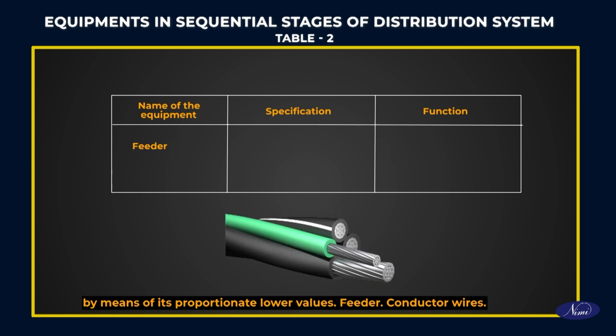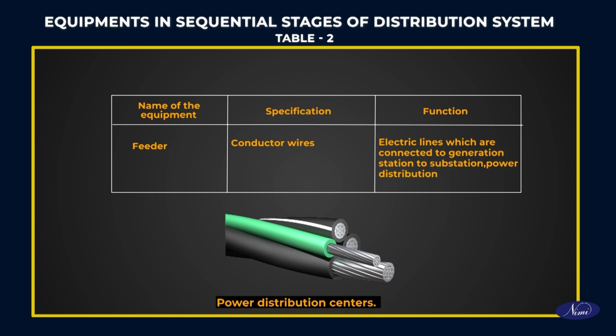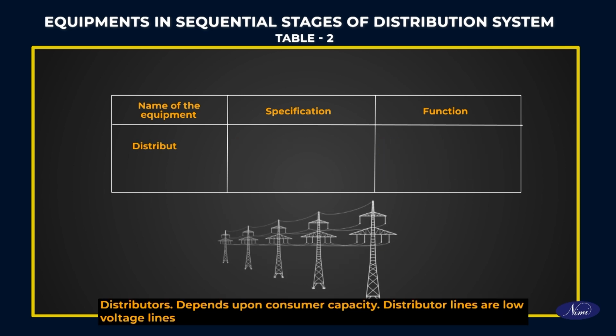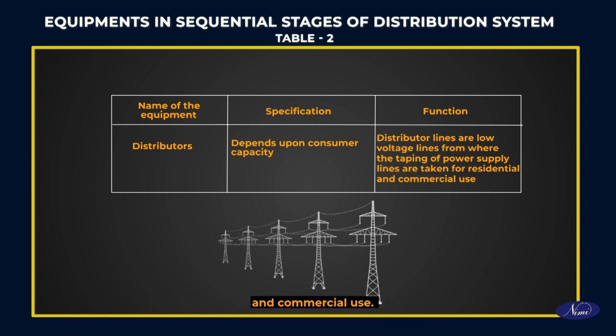Feeder: conductor wires, electric lines which are connected from the generation station to the substation. Power distribution centers. Distributor depends upon consumer capacity. Distributor lines are low voltage lines from where the tapping of power supply lines is taken for residential and commercial use.